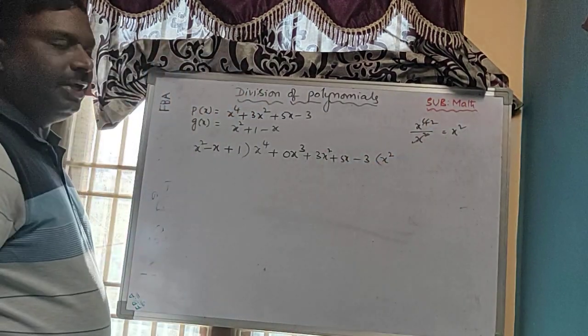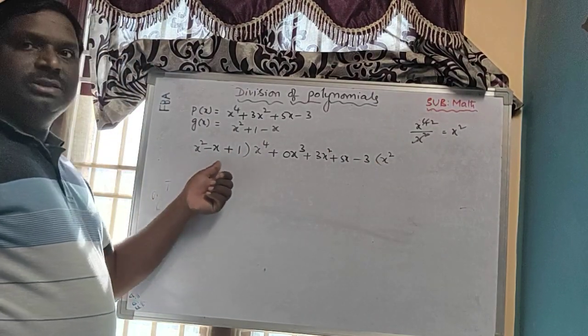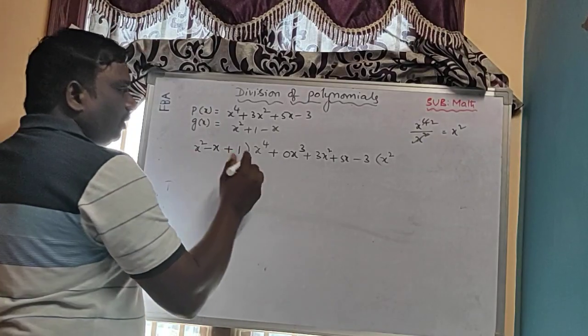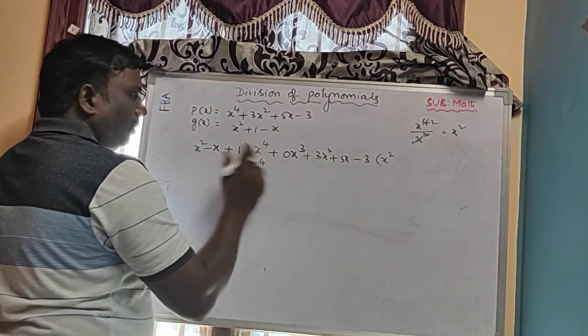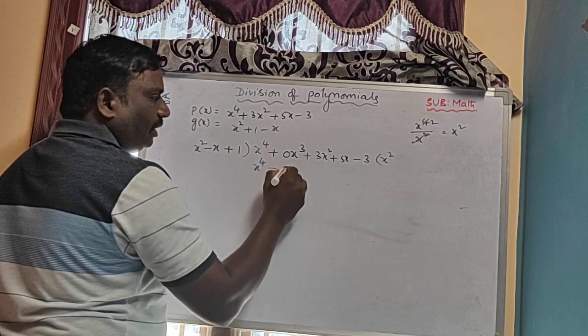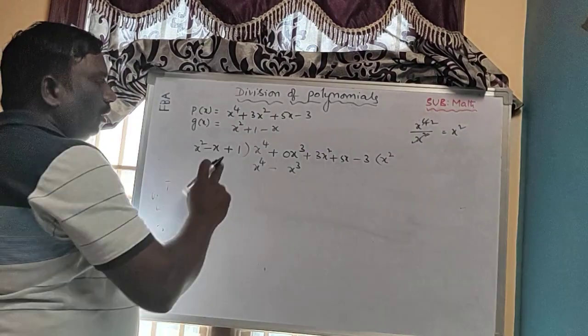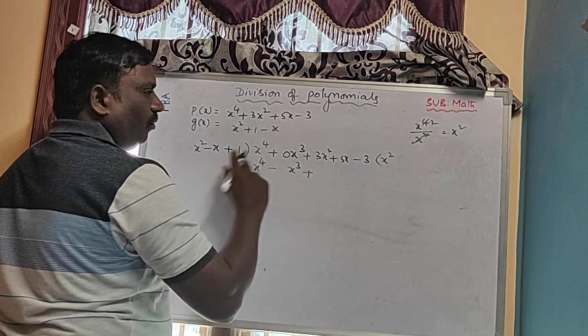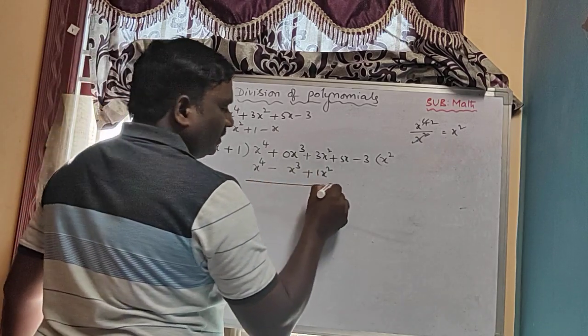This x square you have to multiply with these 3 terms. x square into x square is x power 4, x square into minus x is minus x cube, and x square into plus 1 is x square.